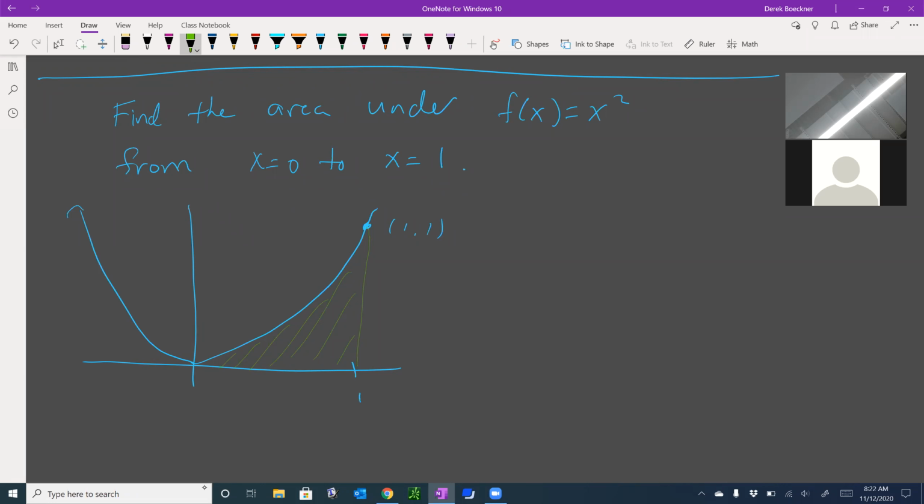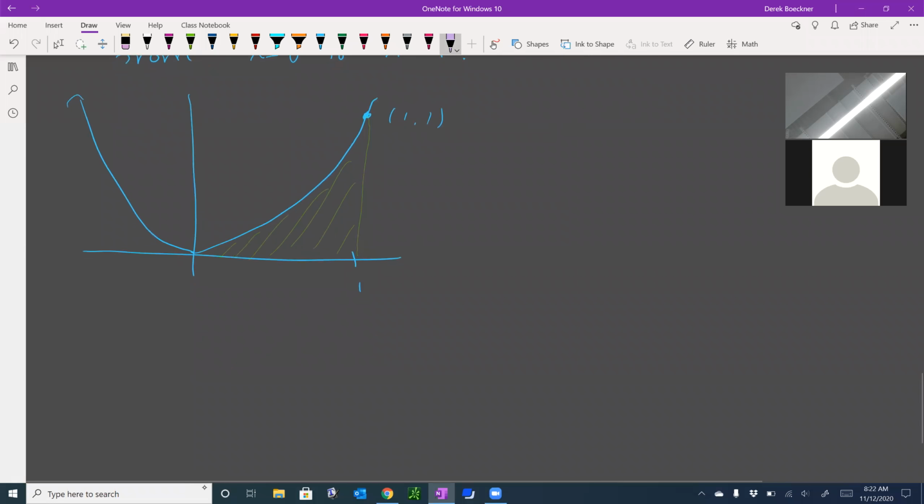So let's see if we can come up with some rectangles here and write down a sum that depends on how many rectangles I take, add them all up, and then take a limit as that number of rectangles n goes to infinity, and that'll tell me the exact area. Sounds a little complicated, but we'll get through it.